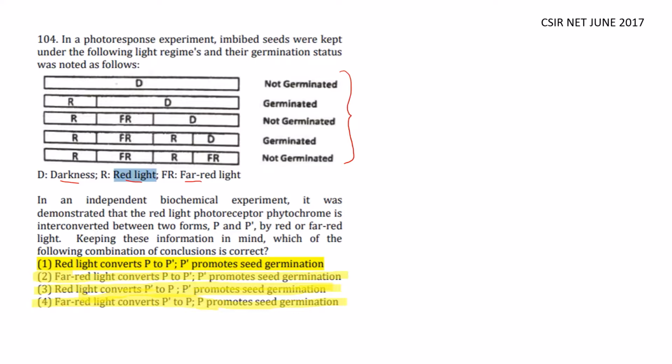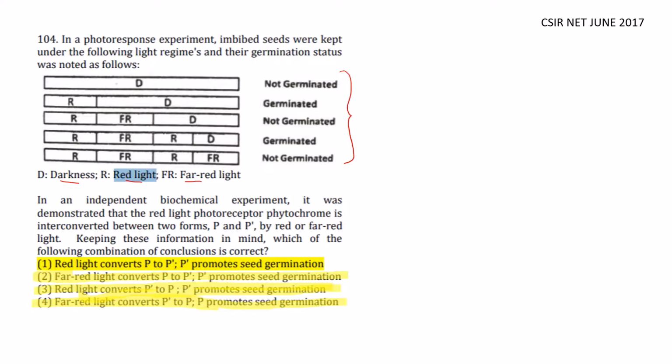Options are option 1, red light converts P to P', P' promotes seed germination. Option 2, far red light converts P to P', P' promotes seed germination. Option 3, red light converts P' to P, P' promotes seed germination.